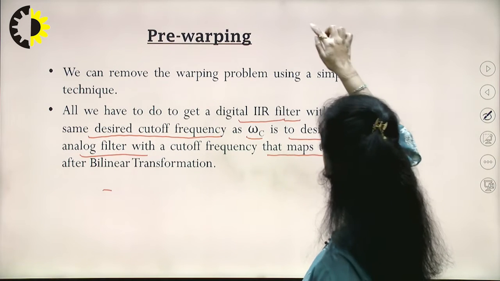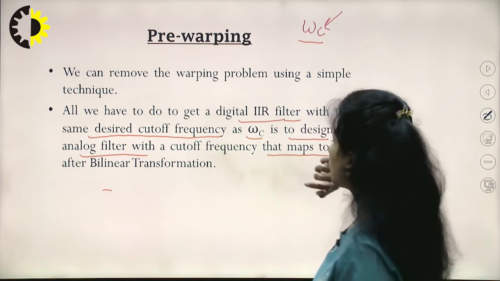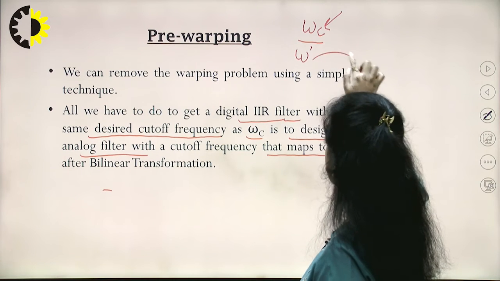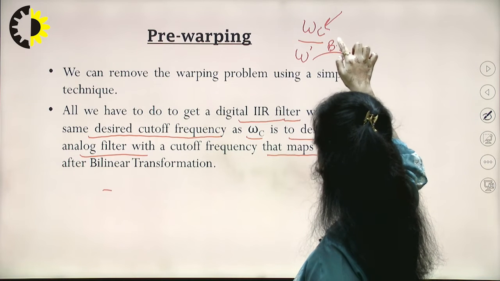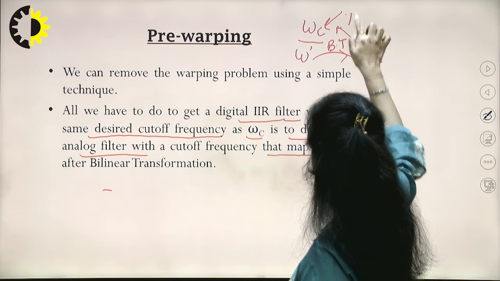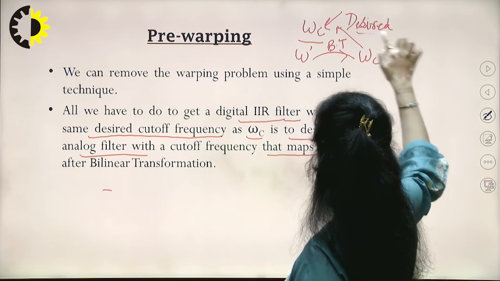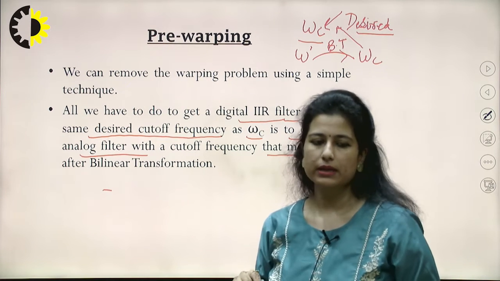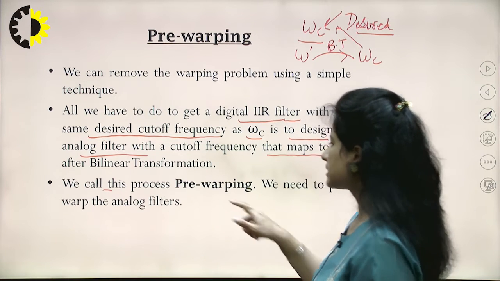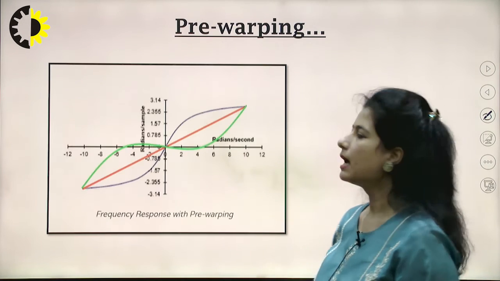That means if I desire a frequency omega c at my output, I would begin with a certain different frequency and then apply the bilinear transformation so that the resultant frequency is omega c, which is the same as the desired one. So I have to scale down or change the input frequency of the system in such a way that I receive the desired frequency output. This process is called pre-warping. So we have to warp the frequency in the analog domain.